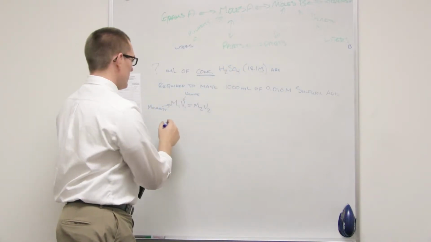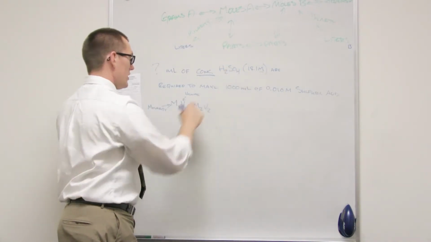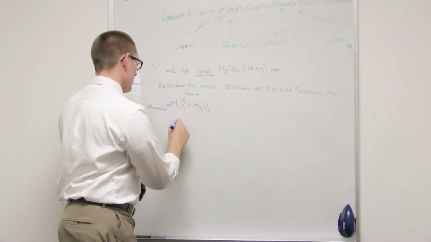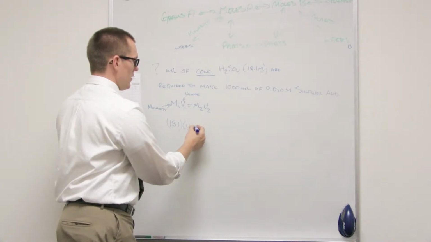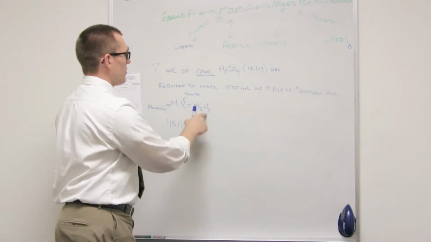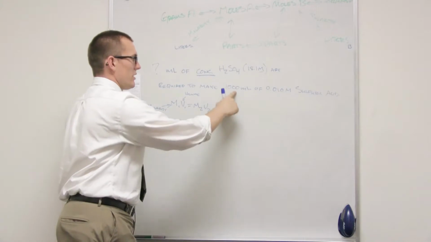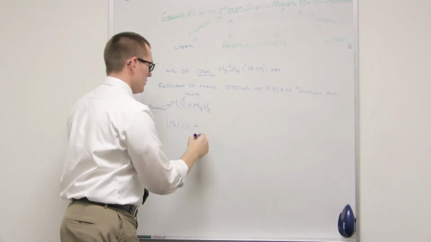So for the M1, we plug in 18.1, and we're still looking for V1, so we keep that as V1. Then it equals, the volume is going to be 1,000 milliliters.